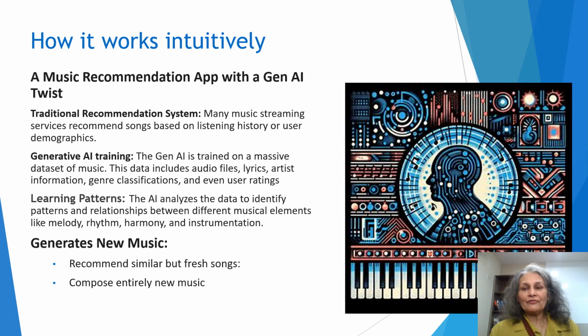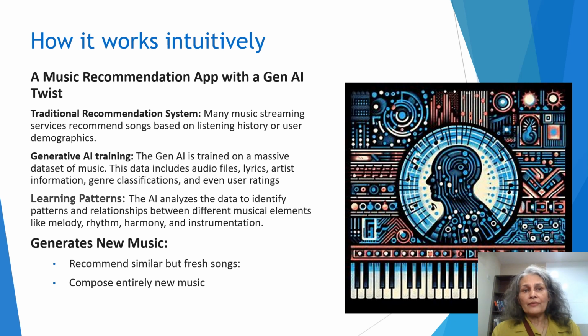Now, you are all quite familiar with Spotify and the huge playlist that they have, and hence a recommendation application is a critical part of the Spotify product. Now let's understand how generative AI works intuitively and how it can learn to create entirely new and original music based on the knowledge it acquires from vast amounts of data.